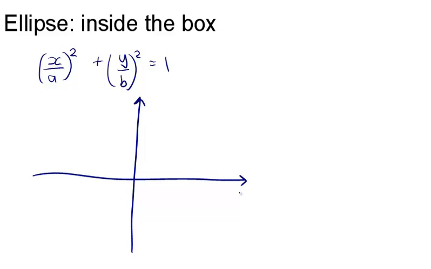There's my x-axis and my y-axis. And I'm going to mark the points A and minus A on the x-axis and the points B and minus B on the y-axis, and draw a box that goes through those points.